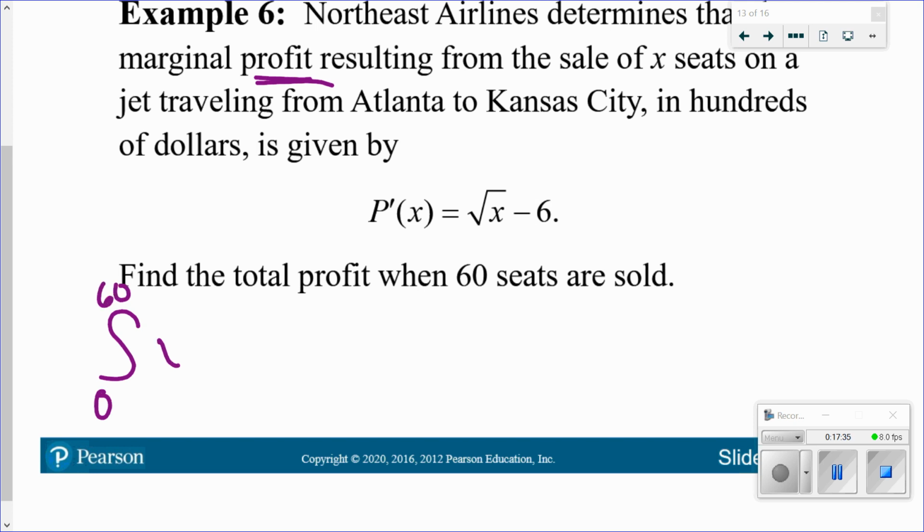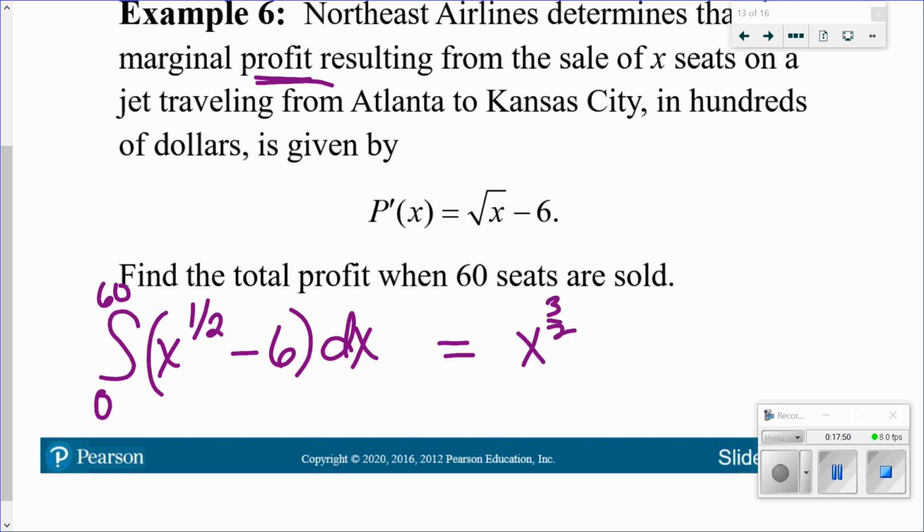Our function, and I'm going to go ahead and rewrite it. Remember, square root of x is the same thing as x to the 1/2 minus 6. Okay, so my antiderivative will be x to the 3/2 multiplied by the reciprocal, minus 6x. Okay, and then we need to evaluate that at 0 and at 60.